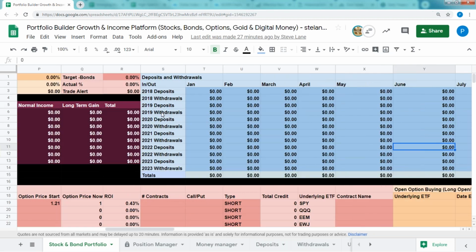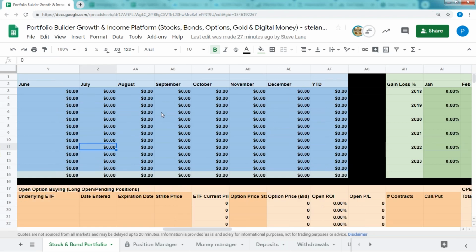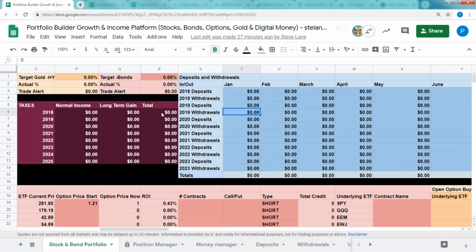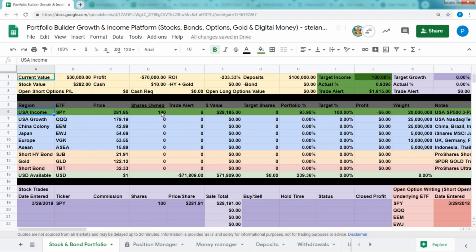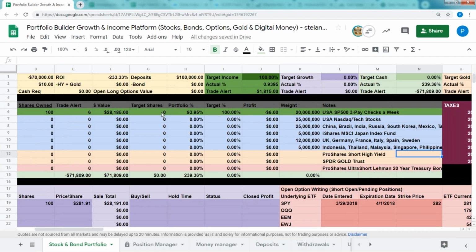All right, so we'll start off with an initial deposit of 100,000. We always want to have a 10% cash position, and I do not ever recommend using leverage.